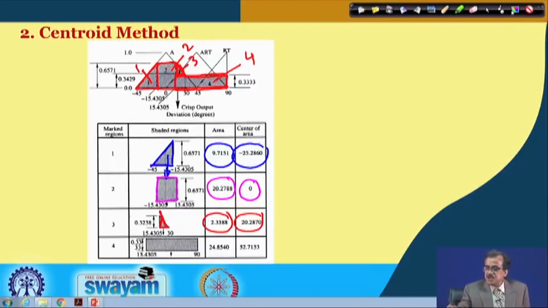Then I concentrate on this rectangle, and I can find its area and center of area. Now, for each of the subregions, I know the area and center of area.